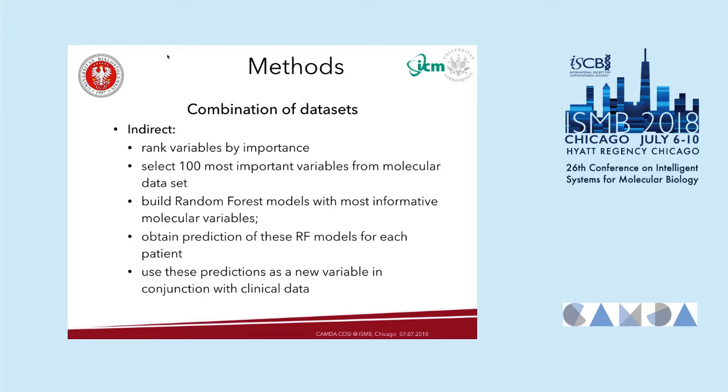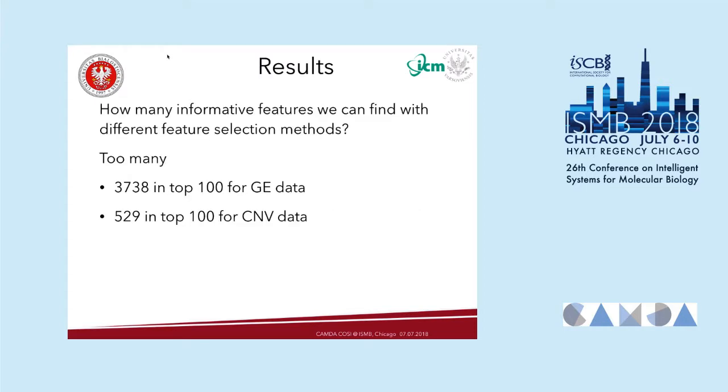And indirect: again, rank variables by importance, select the 100 most important variables from the molecular data set, build a random forest model with the most informative molecular variables separately for each molecular data set, obtain predictions using this random forest for patients, and then use these predictions as a variable in conjunction with clinical data, the relevant clinical variables.